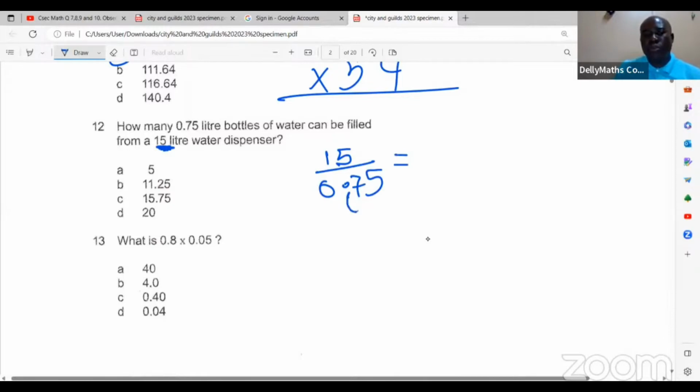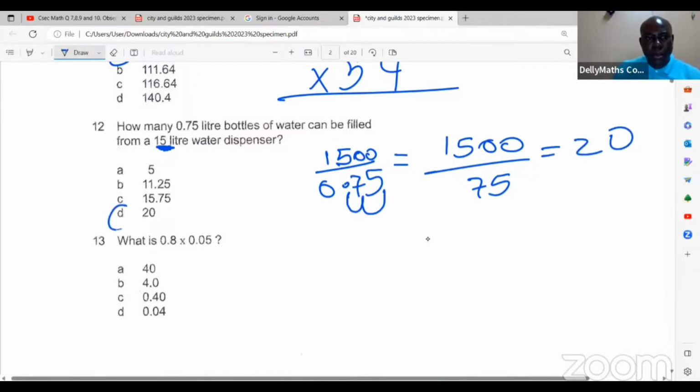So you're going to have to move these two places to the right, which means you're going to have to add 2 zeros to compensate for the movements of the 0.75, turning that into 75. So at the end of the day, when you divide this, we're looking at getting about 20. All right, so we get 20 right there.